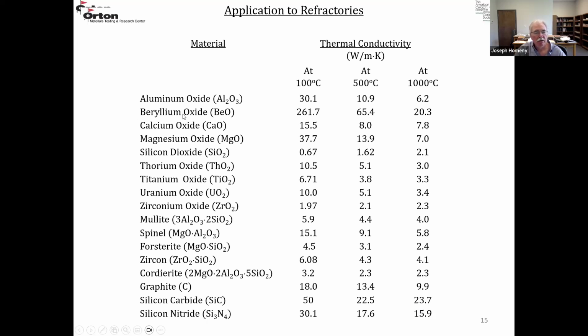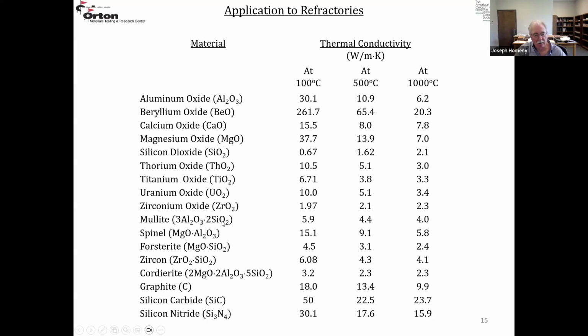Beryllium oxide, very small atoms, tight crystal structure, has a very high thermal conductivity, and that decreases with temperature. This material is not really used because it's toxic, but it does have a very high thermal conductivity as we would expect.